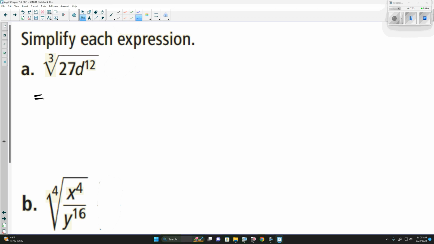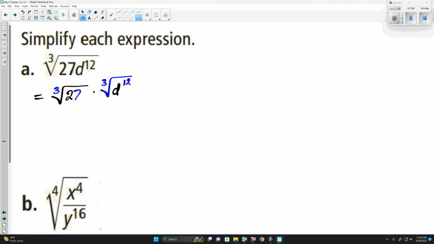Let's look at the next one here, the cubed root of 27d to the 12th. Now for this here, we can rewrite it as our two terms being multiplied together.